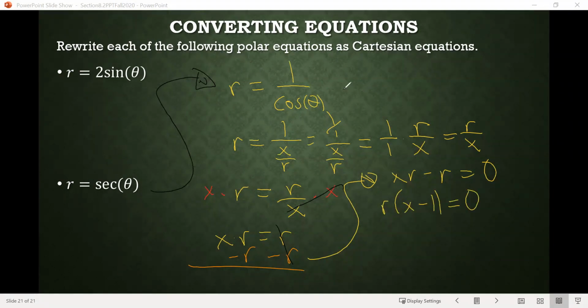We can then set each piece equal to 0, so we could have, again, r equals 0, which we know is not going to be correct. We have x minus 1 equals 0, and solving that by adding 1 to each side gives us x equals 1. So the equation r equals secant theta is the same as the Cartesian equation x equals 1.